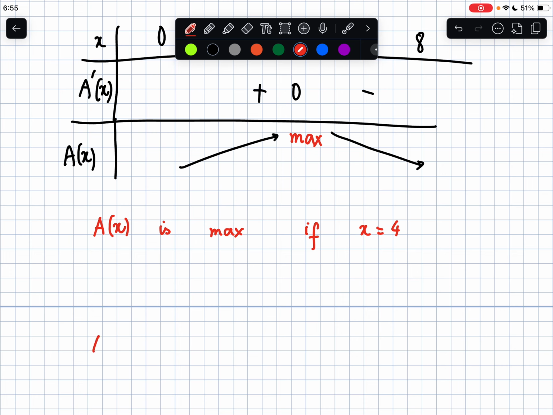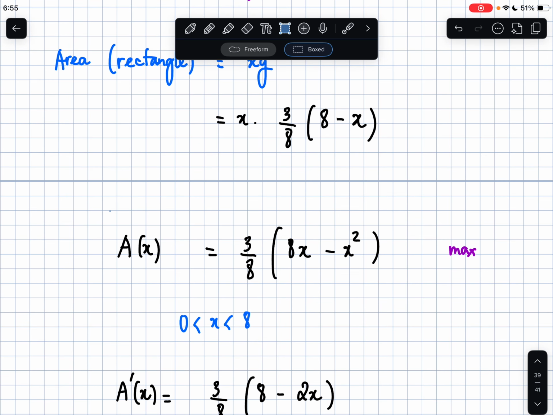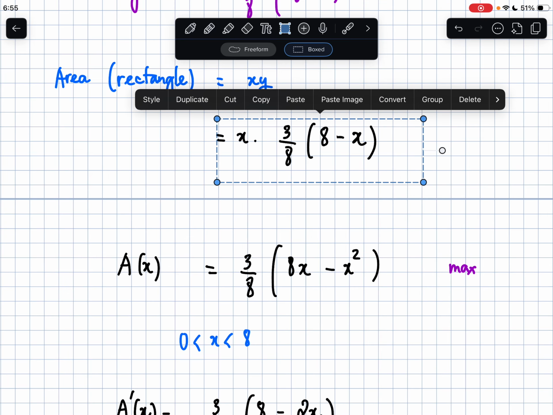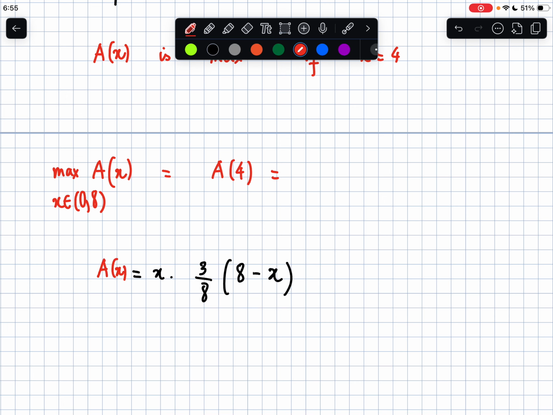So the maximum area of A(x), x between 0 and 8, is A of 4. I use this formula for A of x to compute that here. So 4 times 3 over 8 times (8 minus 4).